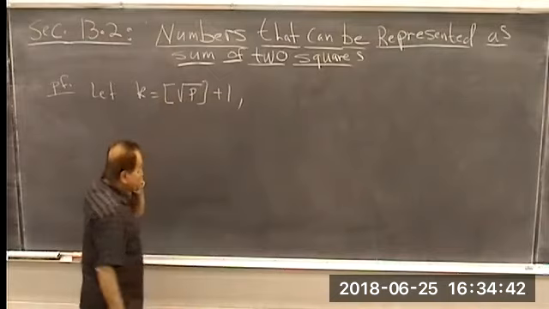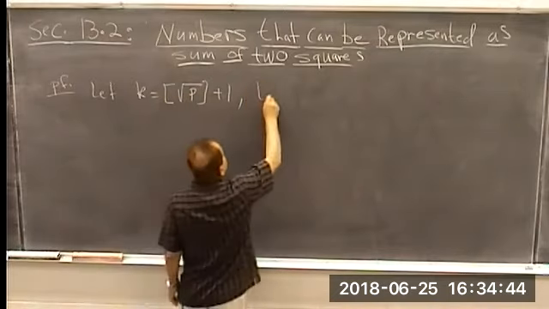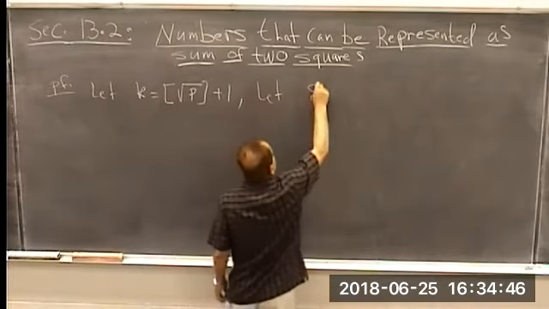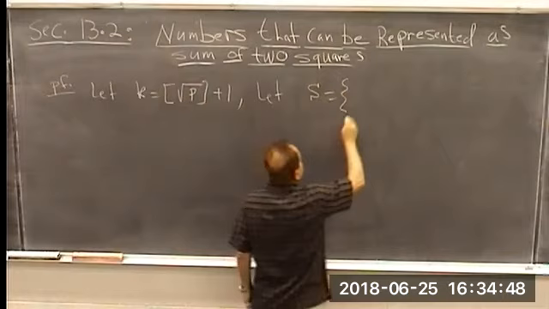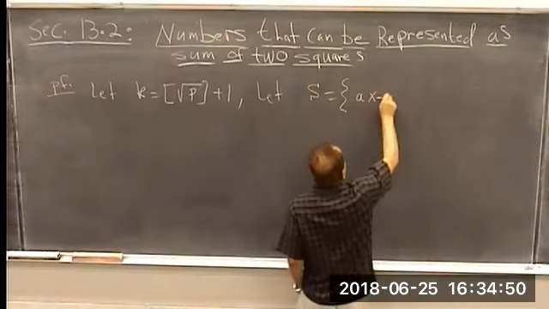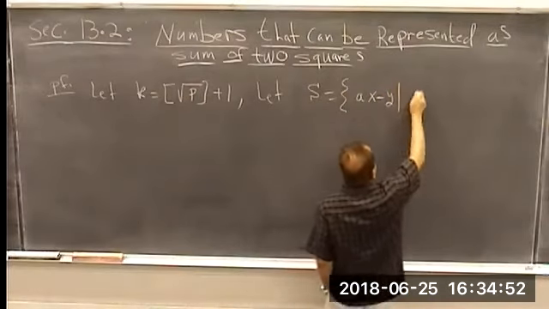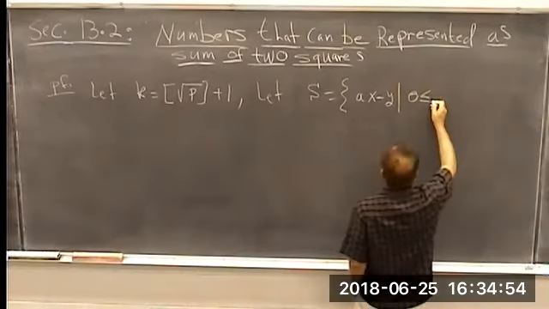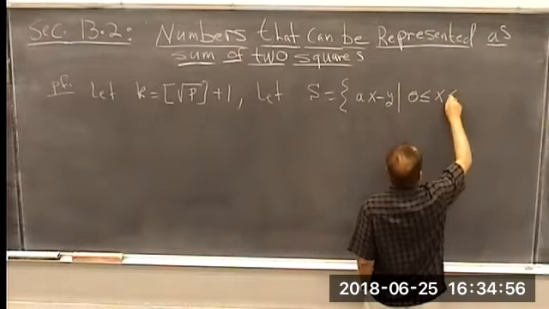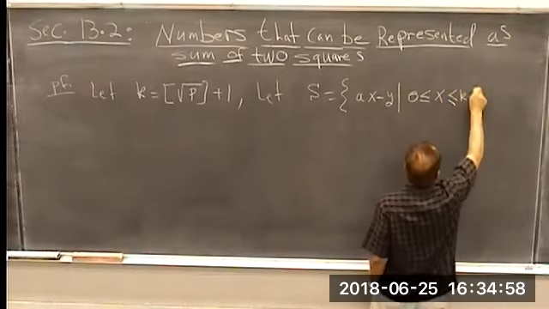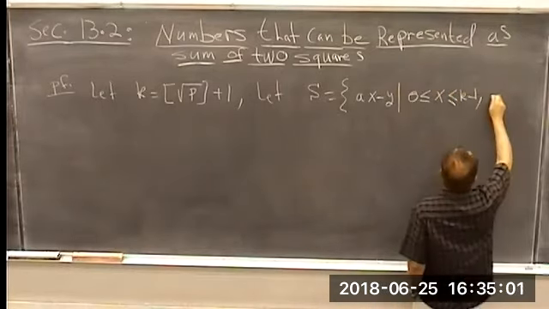So we let S consist of these ax minus y such that 0 is less than or equal to x less than or equal to k minus 1, and the same thing with y.